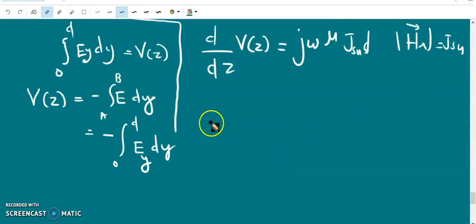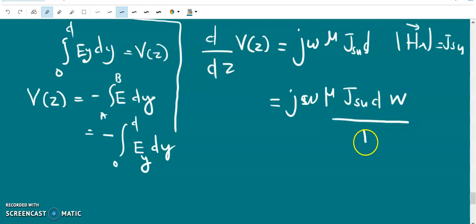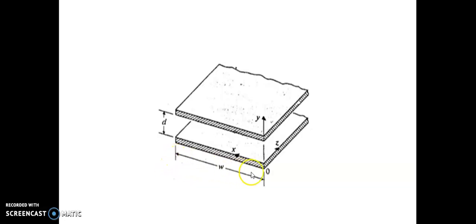Now we multiply this expression by the width of the plate W, and divide it by W. So j omega mu Jsu d W by W. We know that W is the width of the plate and Jsu is the surface current density.